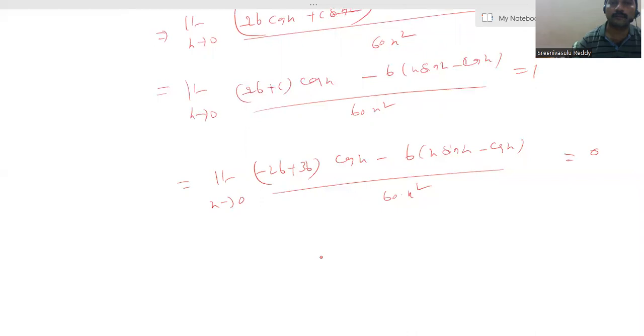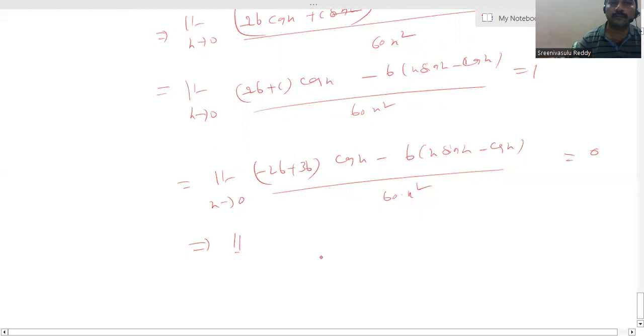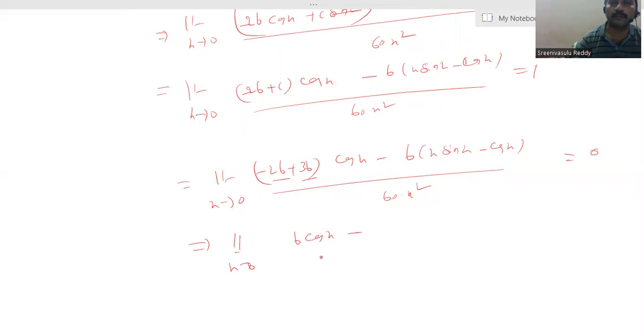60x square equal to 0. That implies limit x tends to 0. Minus 2b plus b means b cos x minus bx sin x minus into minus plus b cos x by 60x square equal to 0.